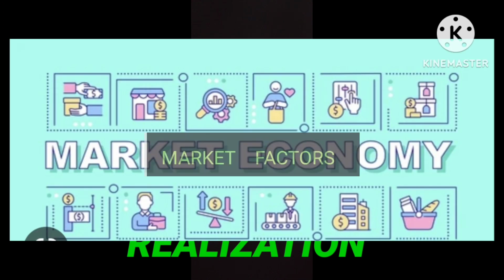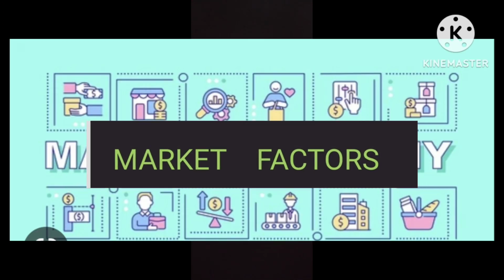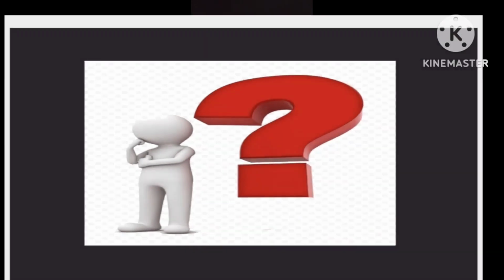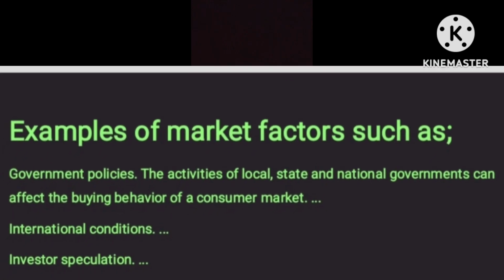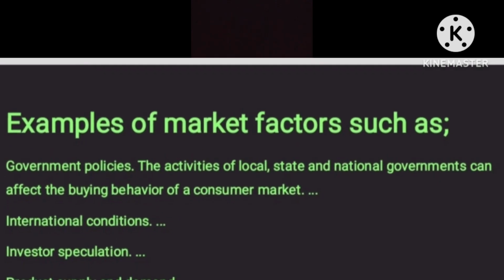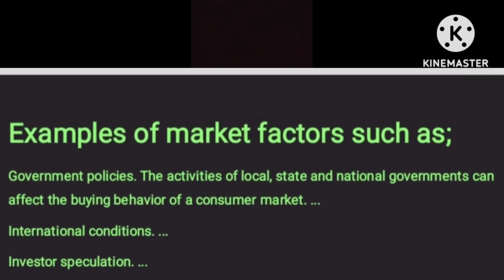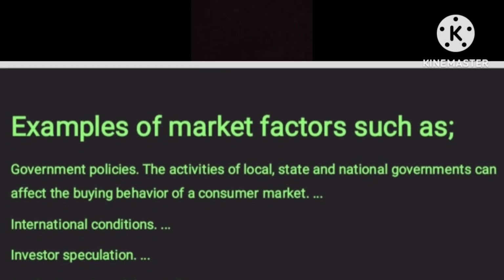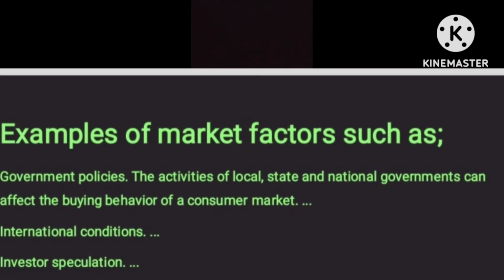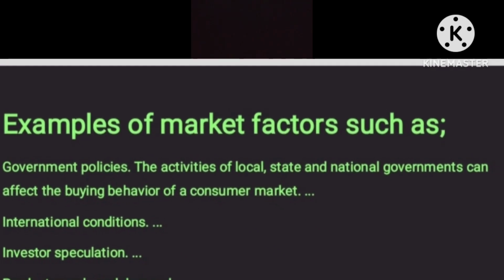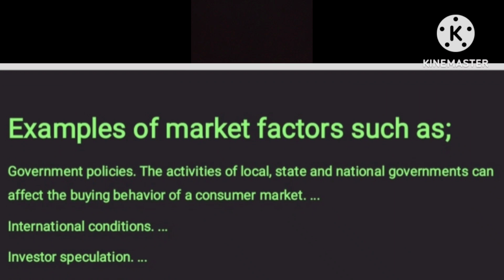Let's proceed to market factor examples. Now, what are market factor examples? Okay, I will give you some examples of market factors, such as government policies. Most likely, the activities of local, state, and national governments can affect the buying behavior of a consumer market.